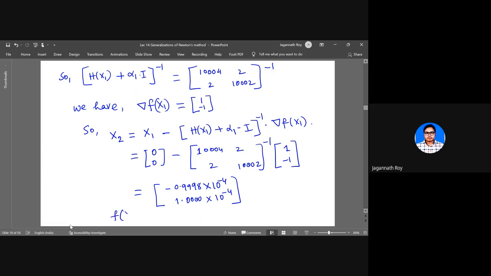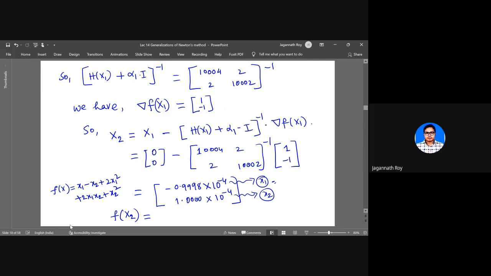So for that we need to verify f of x2. What was our f of x? x1 minus x2 plus 2x1 squared plus 2 times x1 x2 plus x2 squared. So this is our x1 now, this is our x2 now.